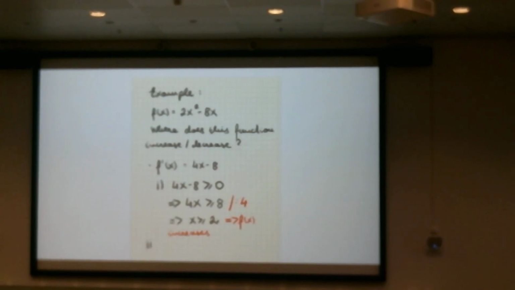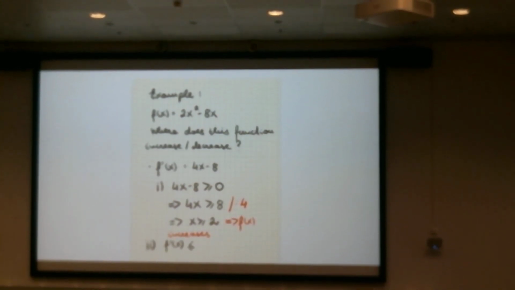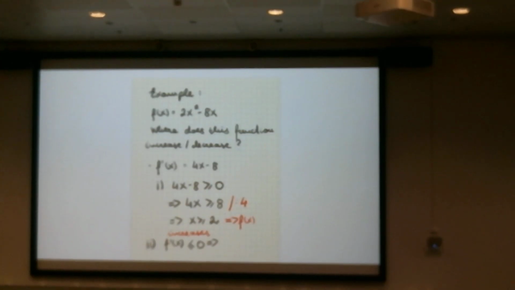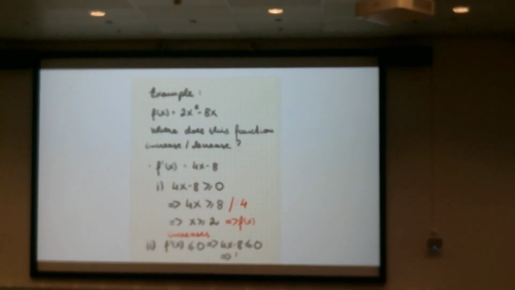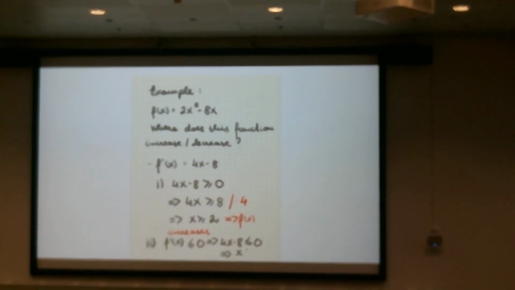Clearly, to find the other case when it decreases, we just need to flip the inequality. We need to find where the derivative is smaller or equal to 0, which is 4x minus 8 smaller or equal to 0, which is the same answer with the flipped sign. x needs to be smaller or equal to 2.